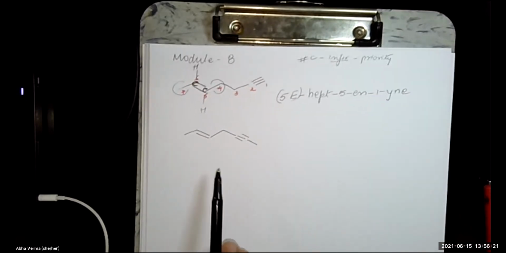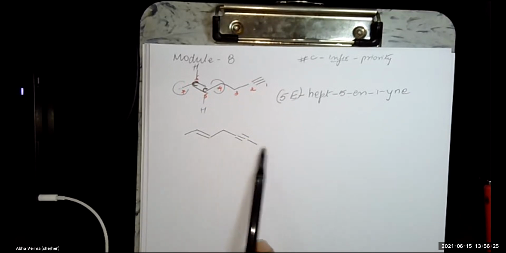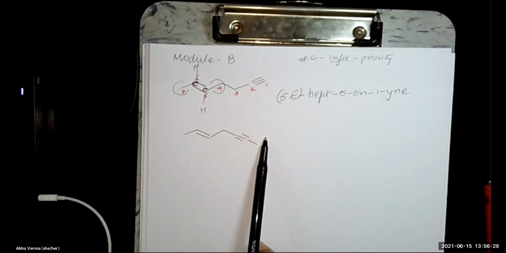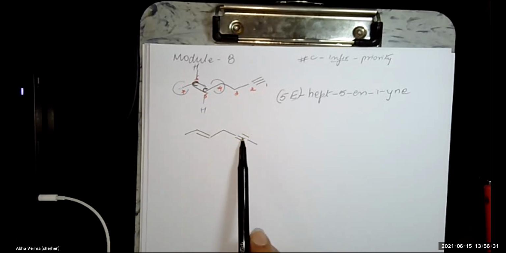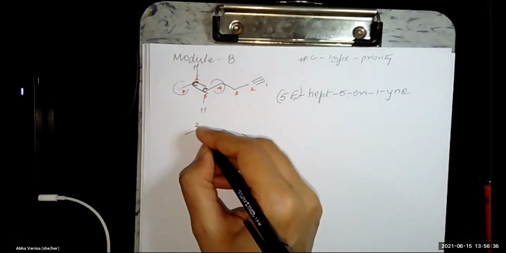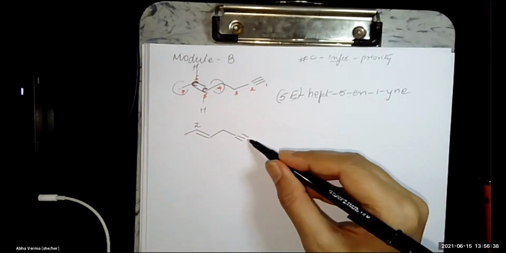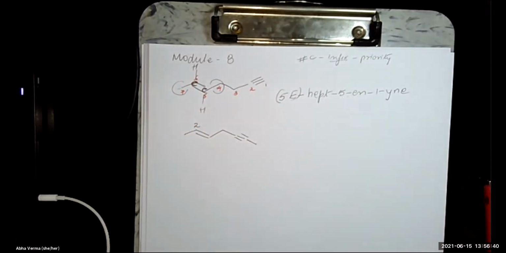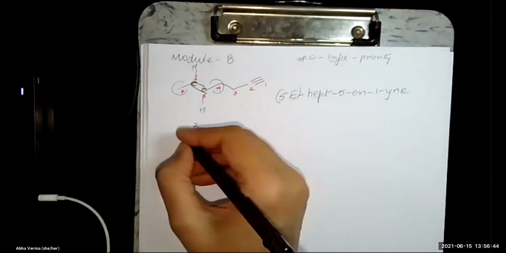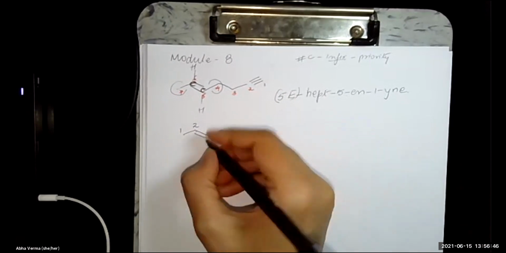In both the cases, the longest chain, priorities in the chain, substituents in the chain, now I'm looking at the lowest locant value. In both the cases, there is a tie. If I start from here, the double bond comes at the second location. If I start from here, the triple bond comes at the second location. In cases like this, we give the lowest locant to the alkene.